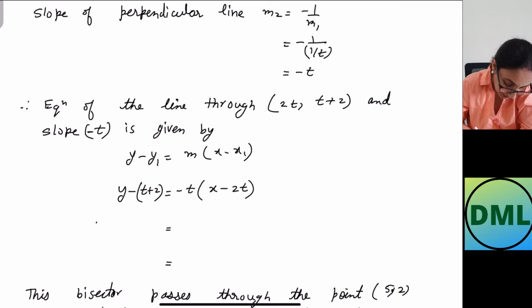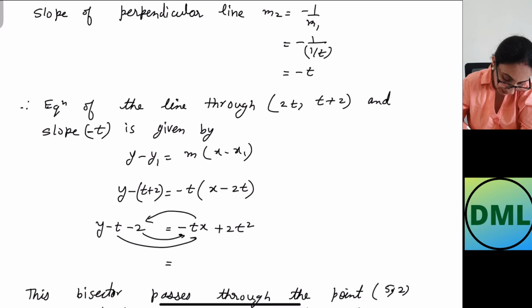So let's open the bracket here. It will be y minus t minus 2 is equal to minus tx plus 2t square. So now move this minus tx to the left hand side and 2 and t to the right hand side. So it will be y plus tx is equal to 2t square plus t plus 2. That will be our answer.